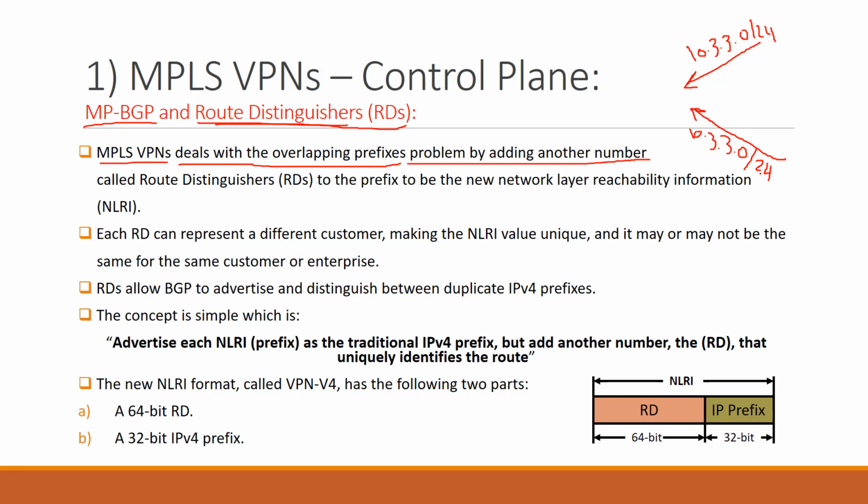The VRF, yes, separates these two learned routes, but when these two learned routes are redistributed in BGP that the MPLS cloud uses, they will be the same.